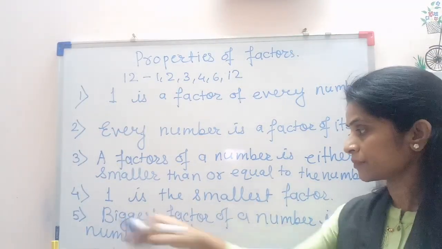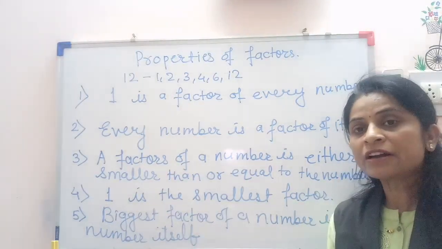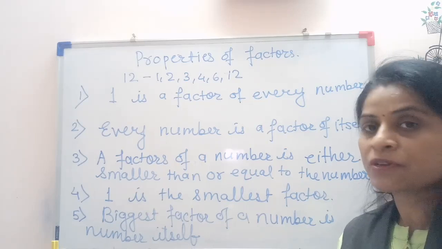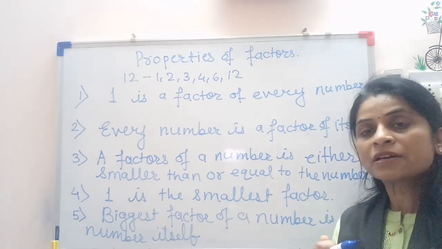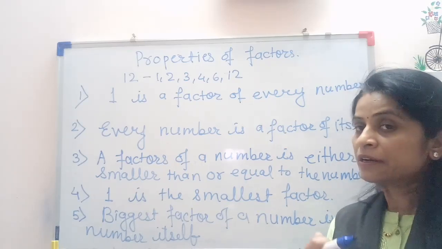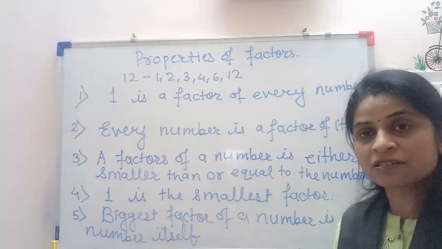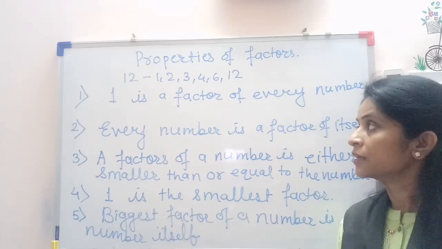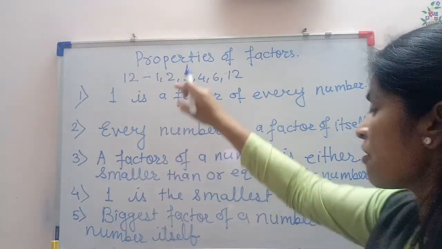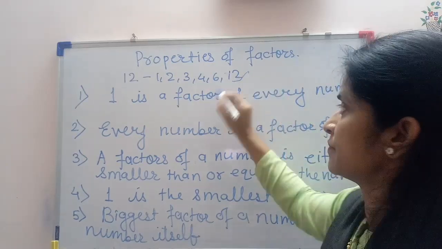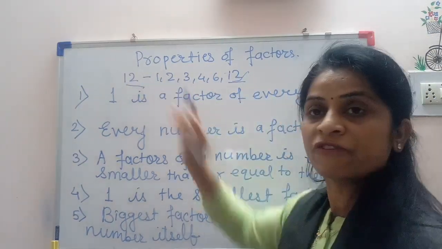Now the fourth property, 1 is the smallest factor of every number, because you can divide all the numbers by 1. The remainder will be 0. Now the biggest factor of a number is always the number itself.